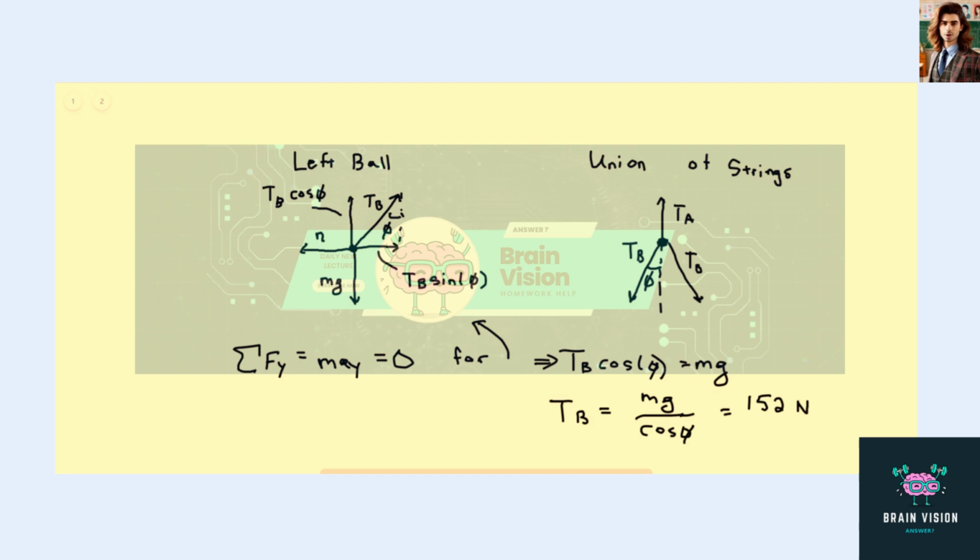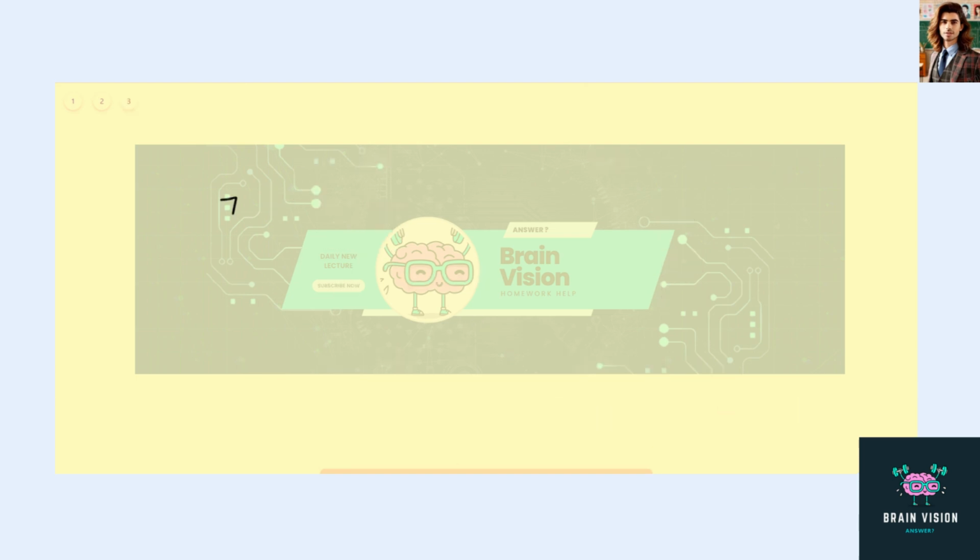And so now we just need the tension of A here, this tension in this rope. To do that, I'm going to do the sum of the forces in the y is equal to mass times acceleration in the y, which is equal to 0, except I'm going to do this for the union now, not the left ball, for the union of the wires. This implies that 2 times tension of B times sine phi, because there's two of these wires and they give the same contribution, so I could just multiply one of them by 2.